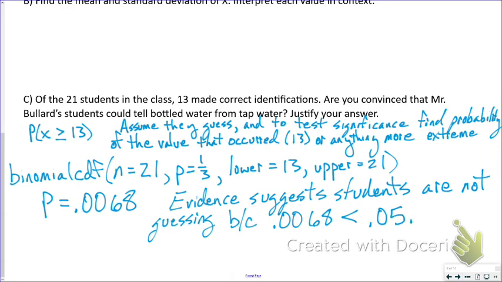So you need to answer the question. You need to use context and refer to the probability and whether it's small or big. So evidence suggests students are not guessing. Maybe I should say more context about which one is bottled.